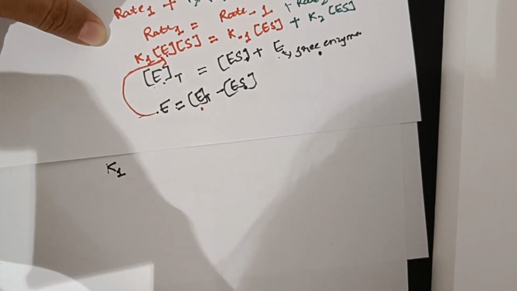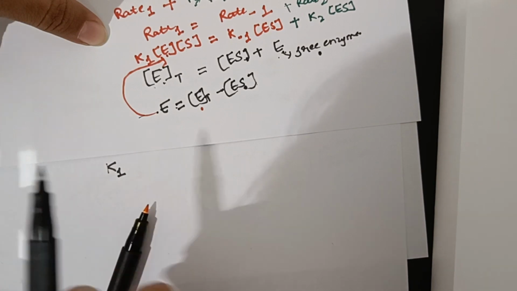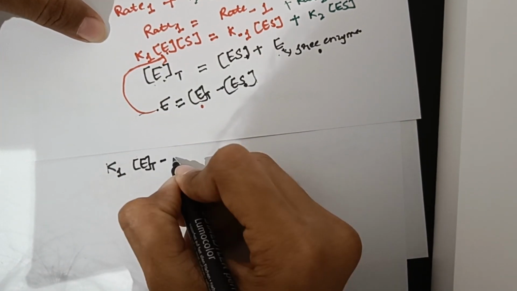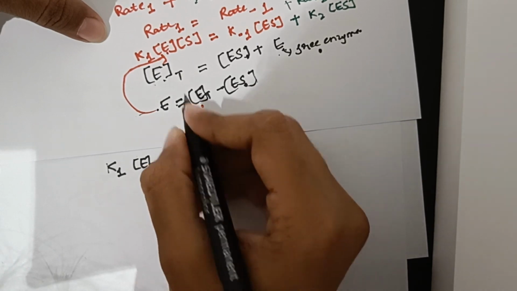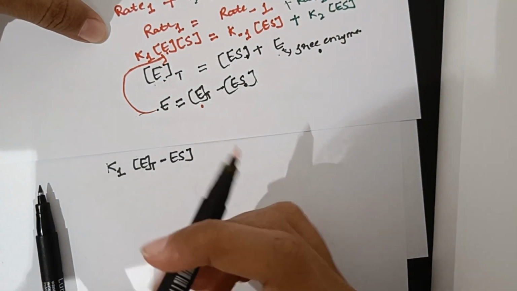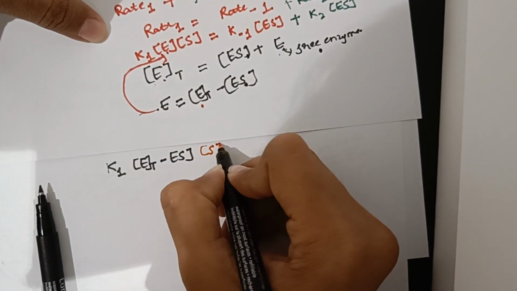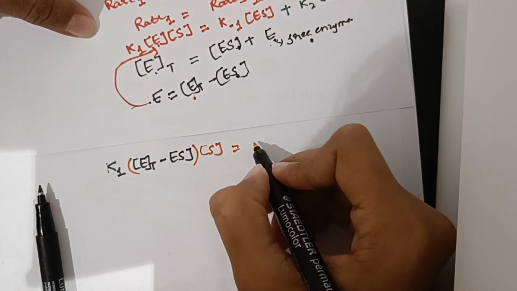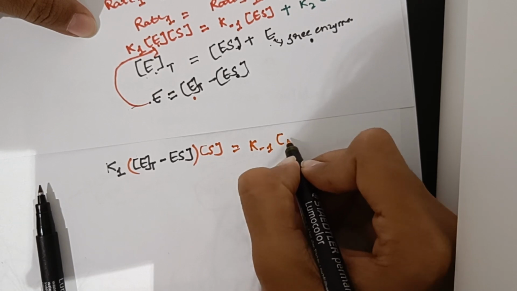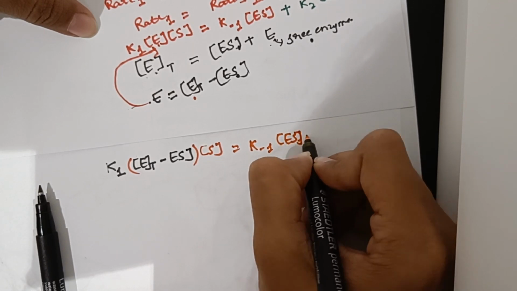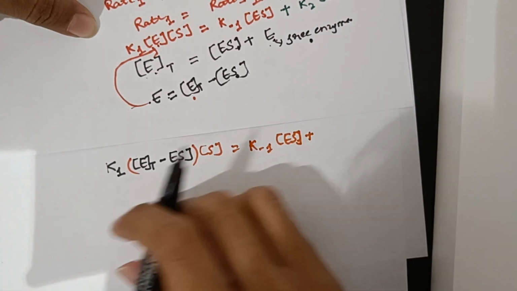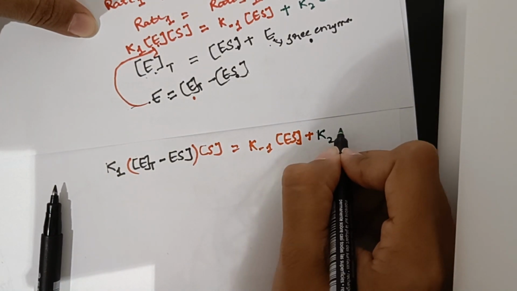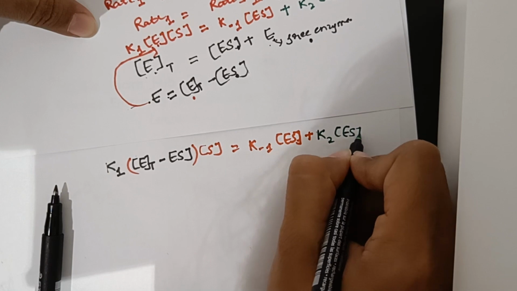K1, and then I can put this in, where it's Et minus ES, and then we still have the substrate, so I can put it in inverted commas, and then we have K-1 ES plus K2 ES.